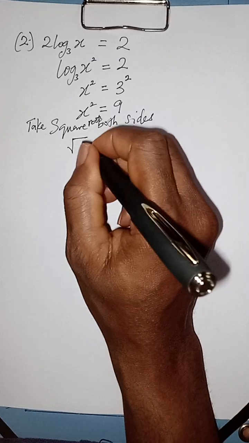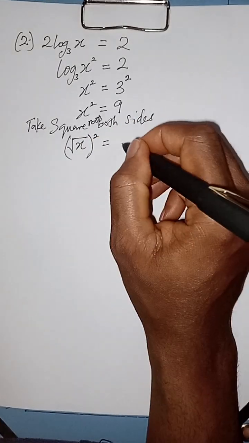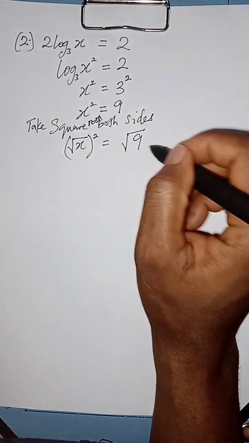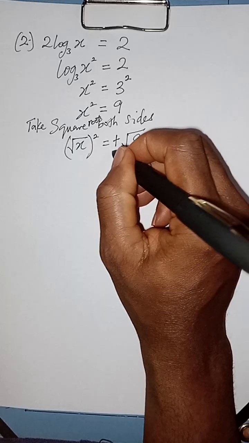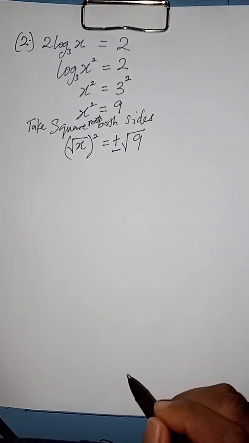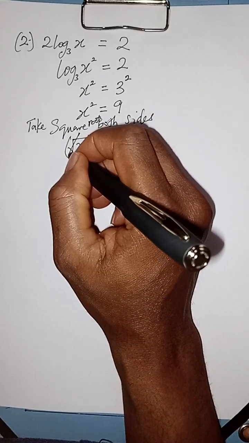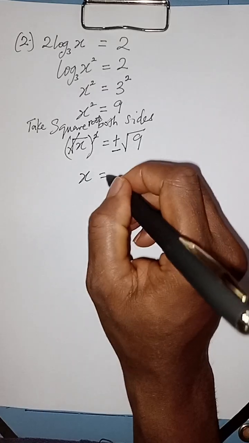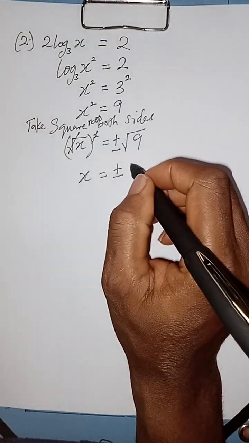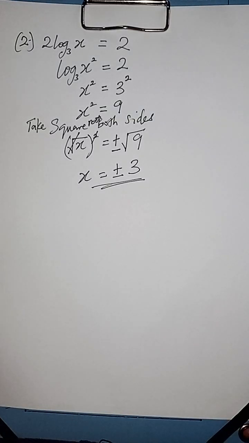This is the square root, because that's what will eliminate the square. And then you also take the square root of the right-hand side. Anytime you take a square root of a number, you introduce your plus or minus sign. So these square roots will cancel out the square, and you'll be left with x equal to plus or minus the square root of 9, which is 3. This is the answer to the question.